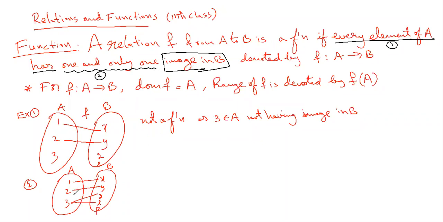Yes, 1 has an image, 2 has an image, 3 has an image. But we need one and only one image in B, and 3 is having 2 images in B. So that's the reason it is not a function. As 3 belongs to A, it has 2 images. Basically, more than one image is not allowed. 2 images z comma l. So that's why it's not a function.